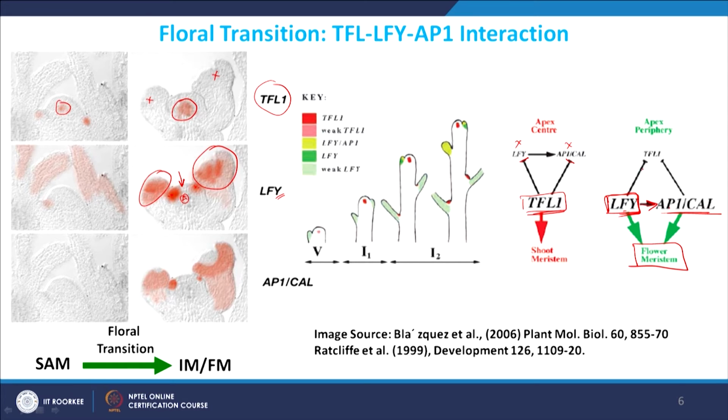On the other hand, they also repress TFL1 in the peripheral apex. So, the interaction between LEAFY, AP1 and TFL, particularly the antagonistic interaction between TFL and LEAFY, and TFL and AP1, ensures inflorescence meristem identity in the center as well as floral meristem identity in the peripheral region.